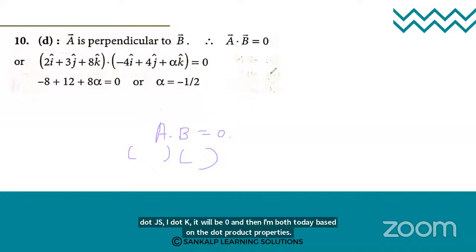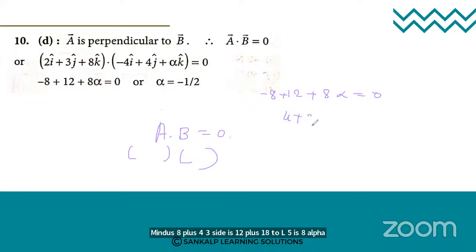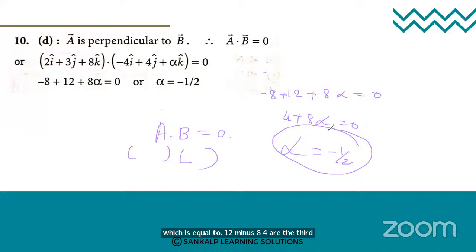So based on that, 4 into 2 gives -8, plus 4 into 3 it is 12, plus 8 into alpha it is 8 alpha, which is equal to 0. 12 minus 8 is 4, so 4 plus 8 alpha is equal to 0, students. Then alpha is equal to -1 divided by 2. Option D is the correct answer.